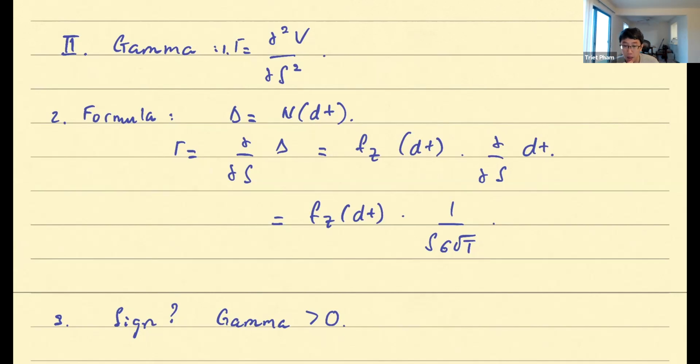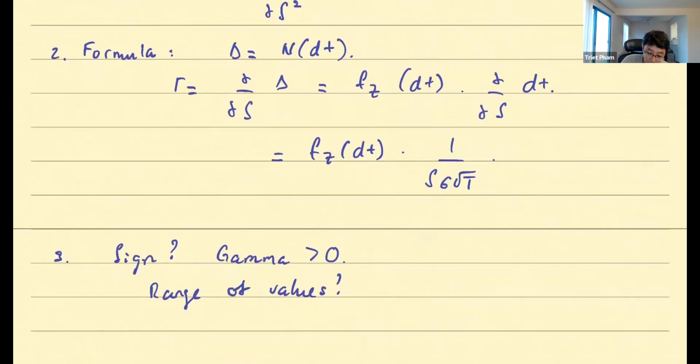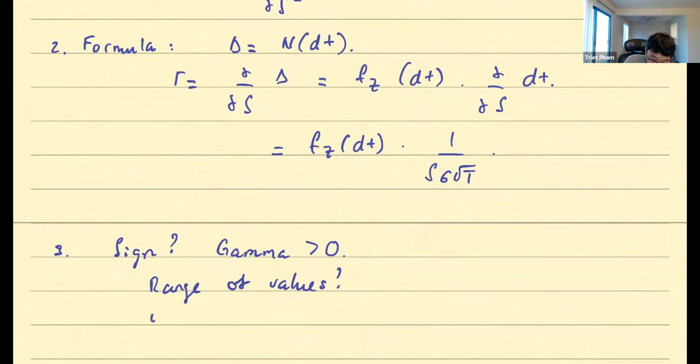What is the range of values of gamma? Can we say something about that? Again, with range of values, we mean with respect to S, with respect to the underlying.